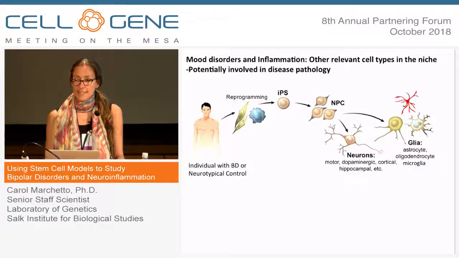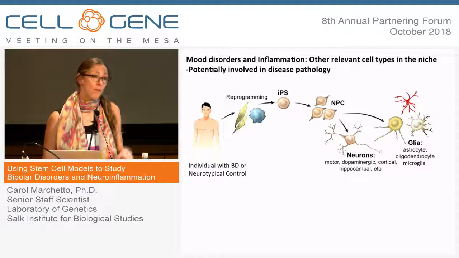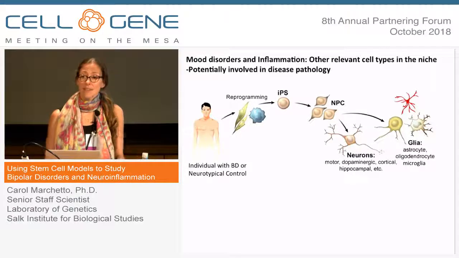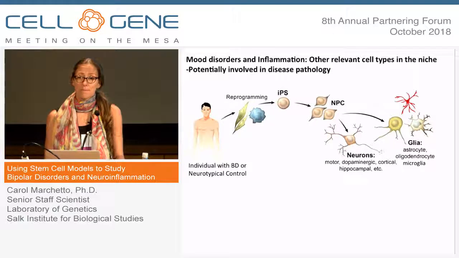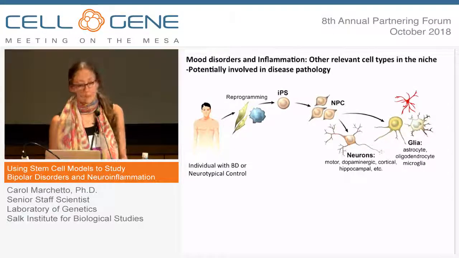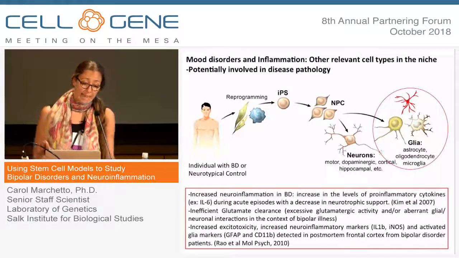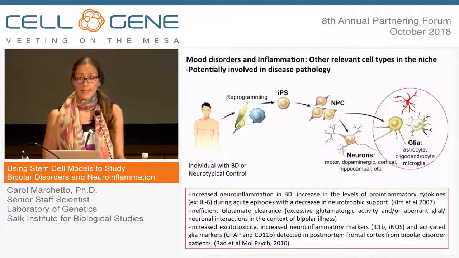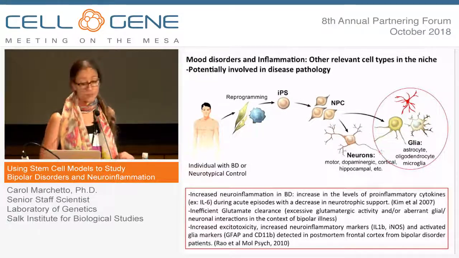So we then got interested in looking at other cell types that were present in the niche and seeing if there were any other changes in cell phenotype. And we looked at glial cells. Mood disorders have been shown, in patients, to show increased levels of inflammation.